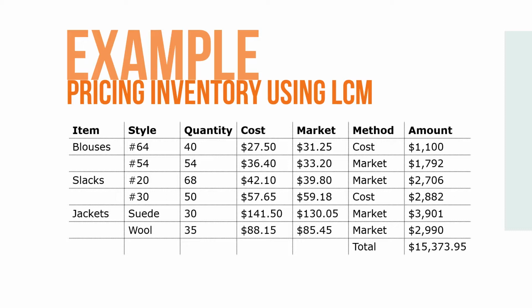We begin by choosing the lower of the cost or market and then extending each item to the amount column. For example, the style number 44 blouse will be valued at the cost $27.50 because it's less than the market price of $31.25. The extension would be 40 times $27.50 equals $1,100.